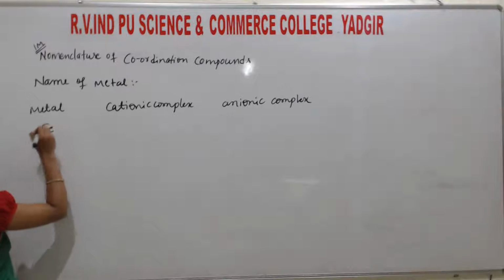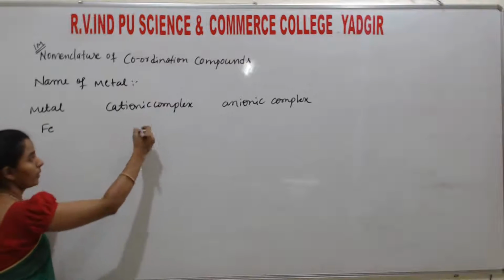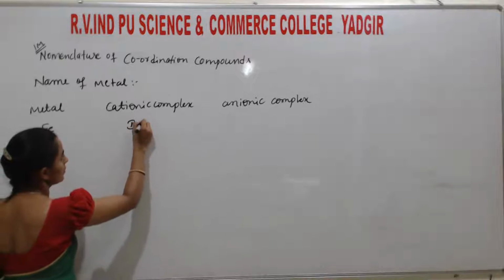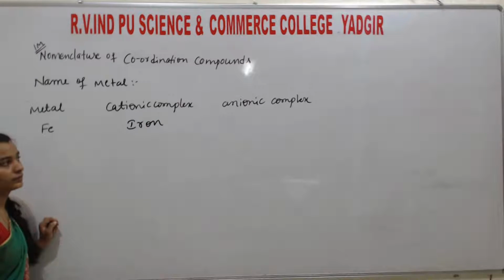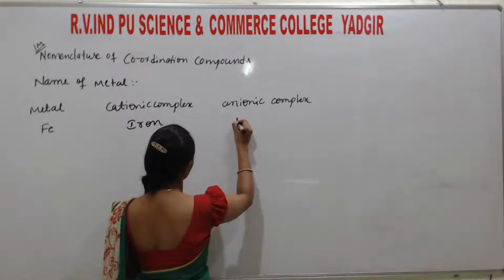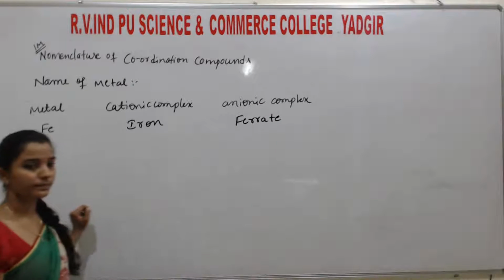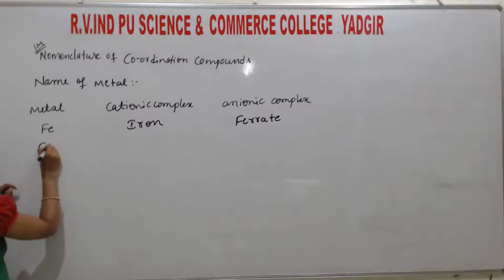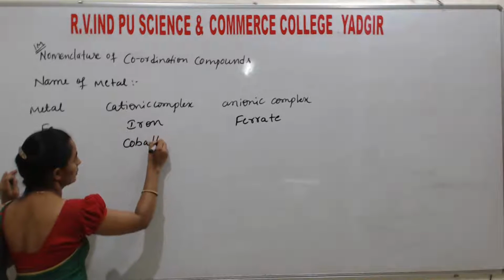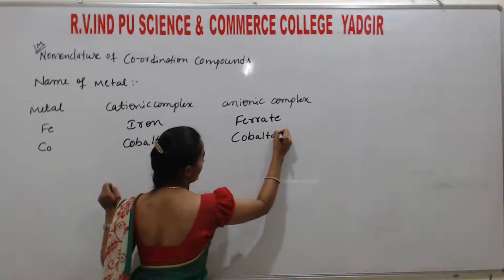For example, if Fe is there, if it dissociates as a cationic complex, meaning a coordination sphere with a plus charge, then it is named iron. If it is dissociated as a negative complex, then the name is ferrate. Okay? If cobalt is there, cationic complex, that is cobalt, anionic complex, cobaltate.